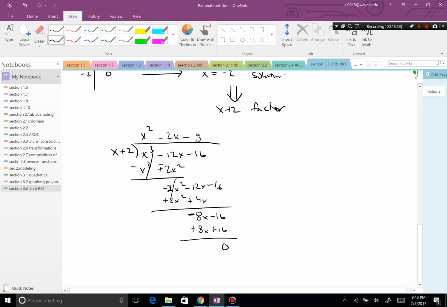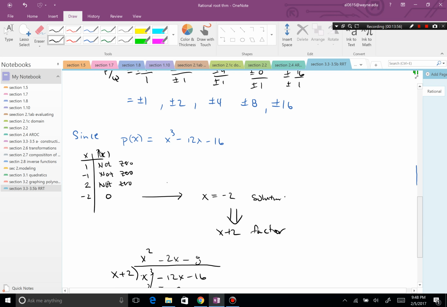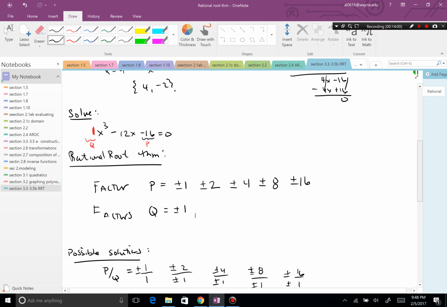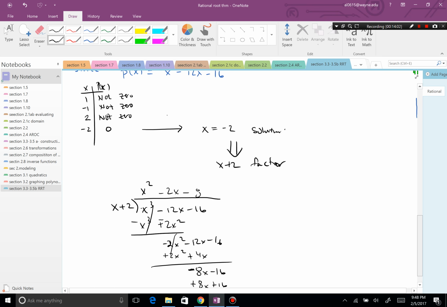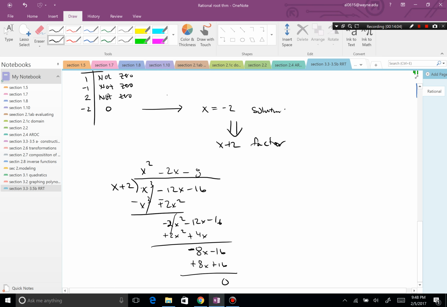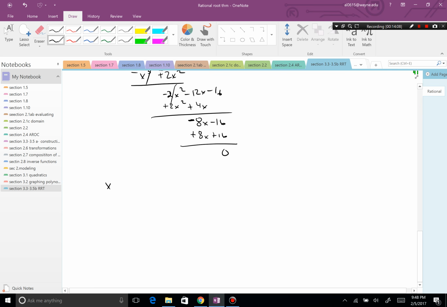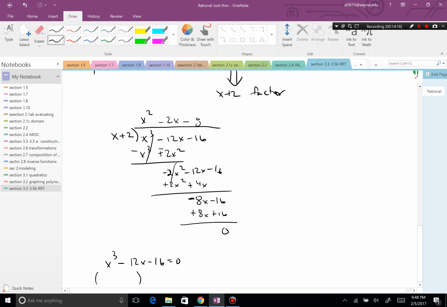So this tells me I went through all of this work of just possibly getting P's and Q's. So this last piece of figuring out the factors and P's and Q's to just get that little piece in the beginning where they give me given information. So now I could finally say that x cubed minus 12x minus 16 equals 0 factors into x plus 2 times x squared minus 2x minus 8.